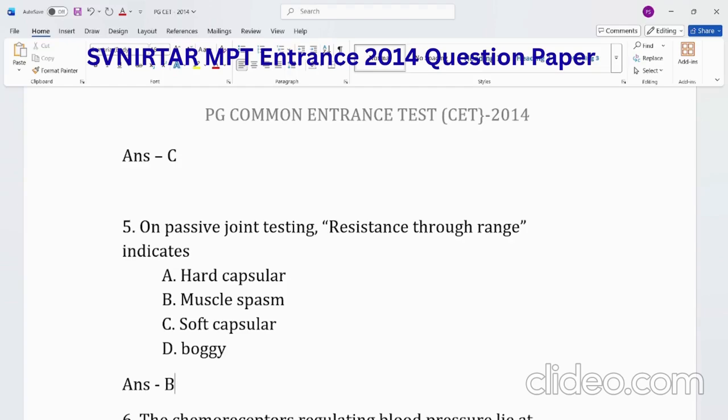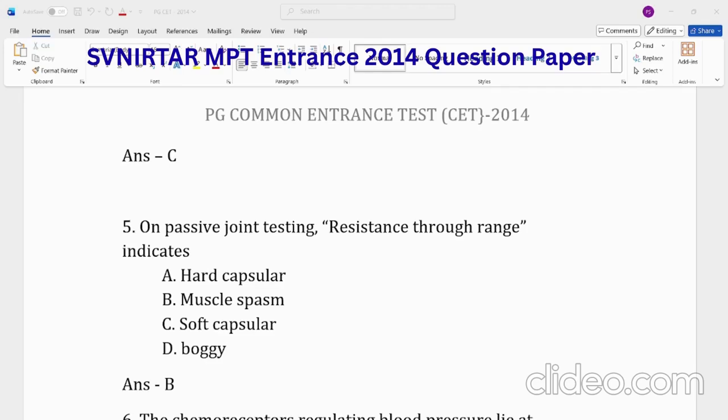But what is boggy end feel? It mostly happens in joint effusion or swelling inside the joint. You'll feel the boggy end feel. And hard capsular means this is an abnormal end feel where there is an abrupt hard stop before the full normal range of motion is reached, right?